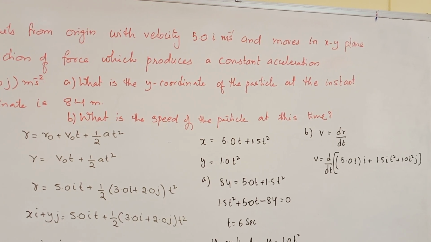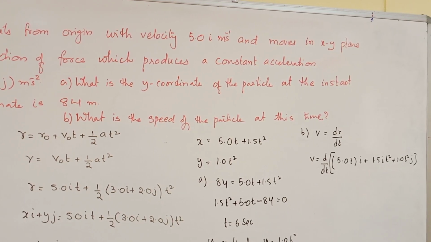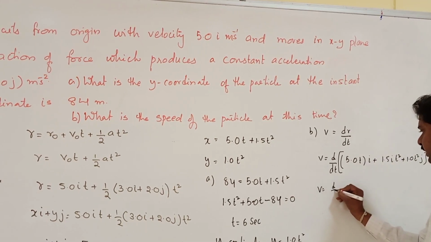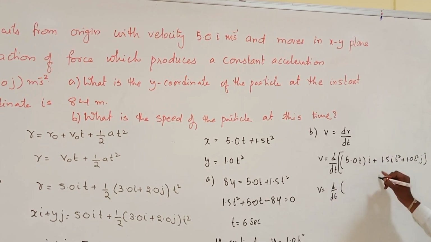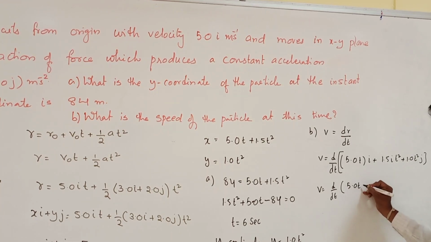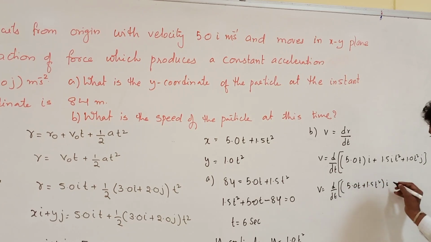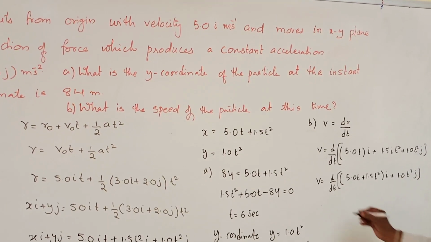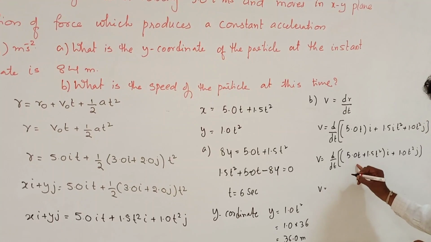So again you take i as common on the same side. Now v is equal to d by dt of (5.0 t plus 1.5 t square) i plus 1.0 t square j.